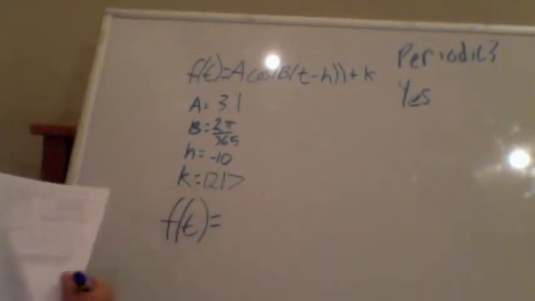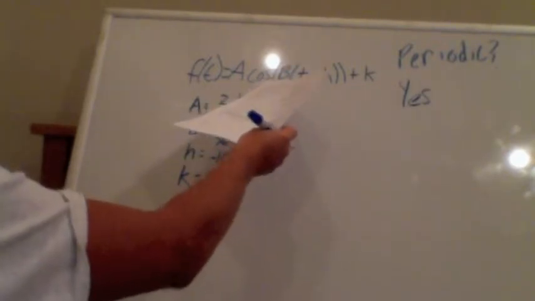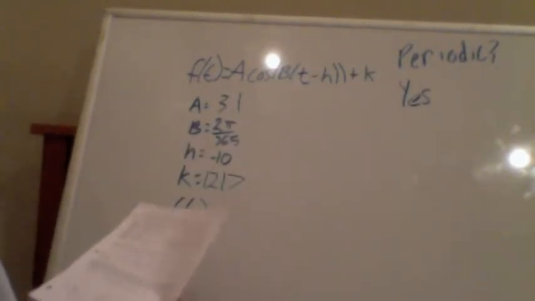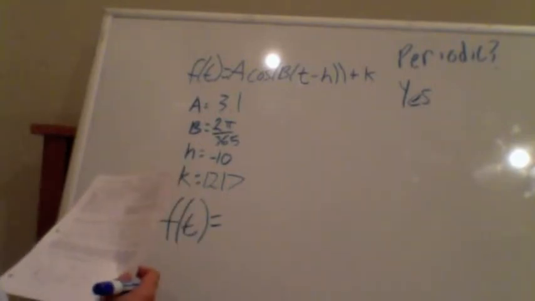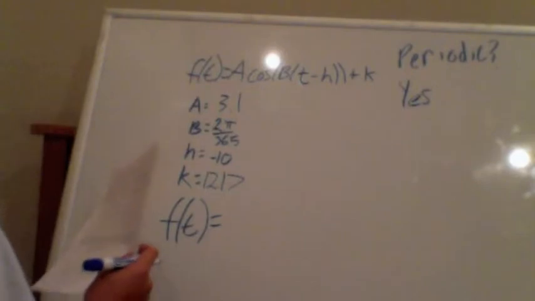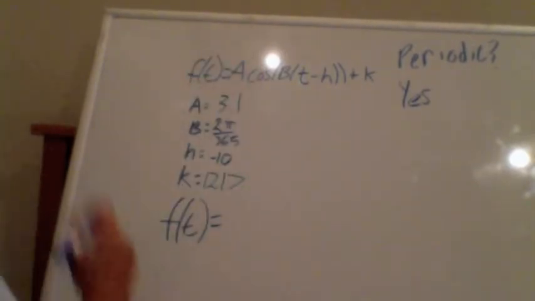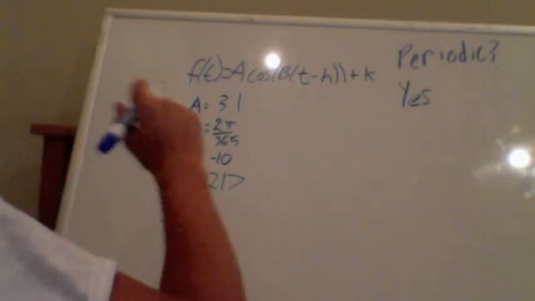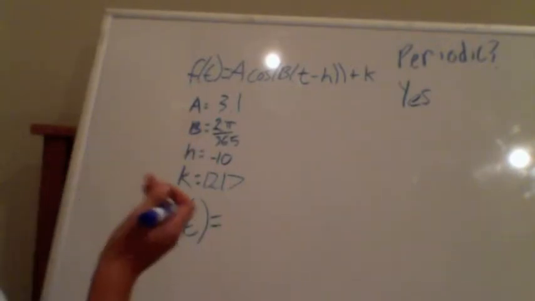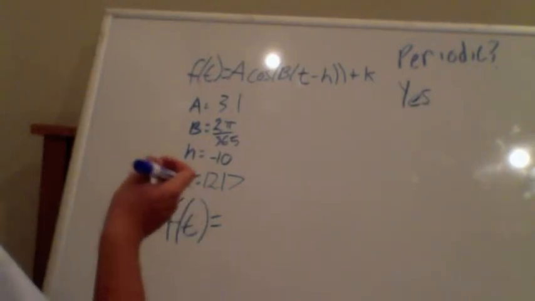Oh, and also I'm going to choose to use cosine because it usually starts at its maximum at x equals 0, but since the number of daylight hours begins not at its lowest point, but close to the bottom and goes up, we're going to use a negative cosine value.